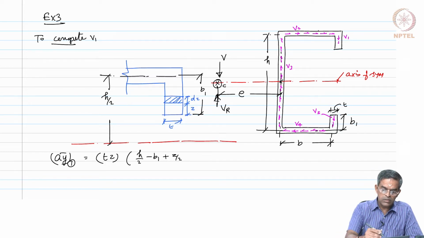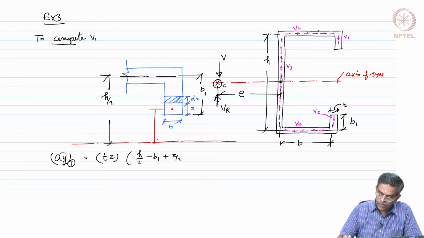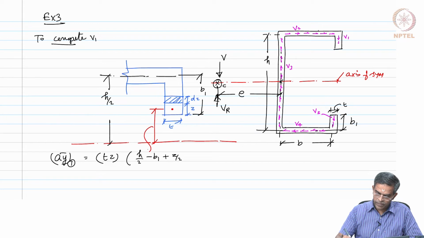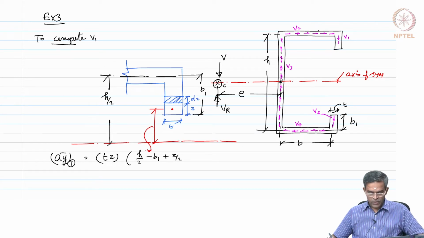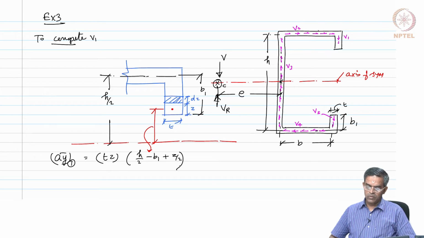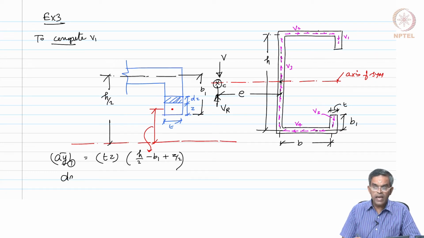I am talking about this distance, friends. This is what I am writing here: h by 2 minus B1 plus z by 2. So now if I say dA, that is going to be T dz.